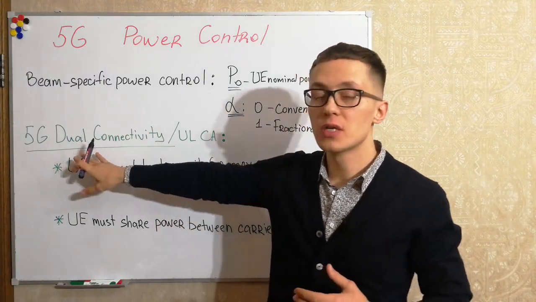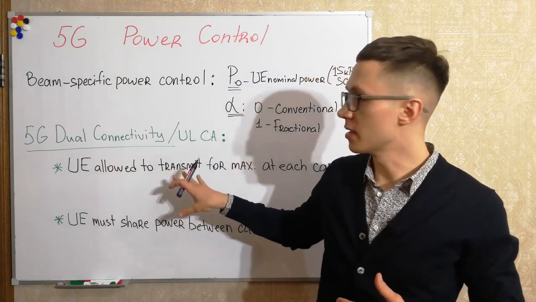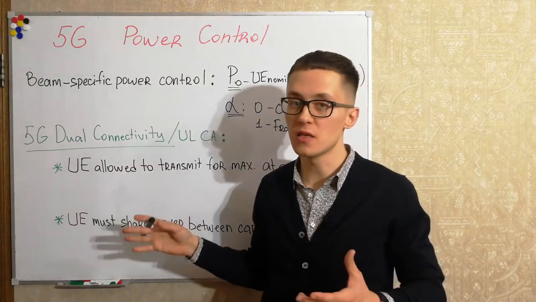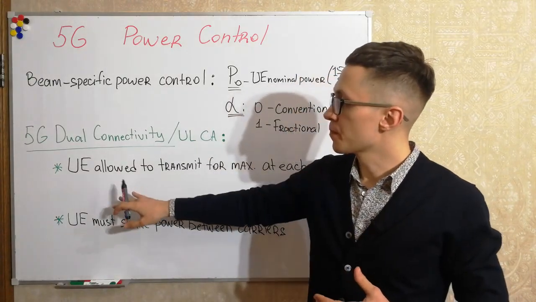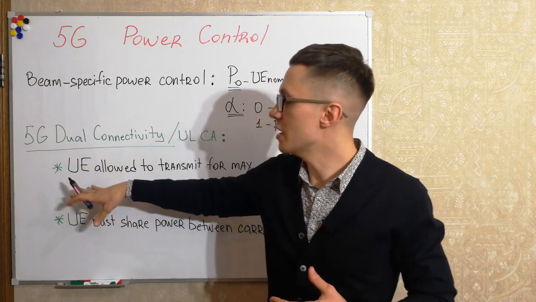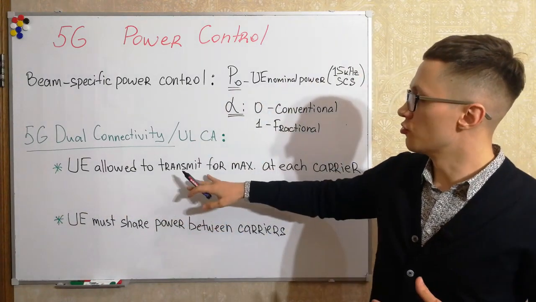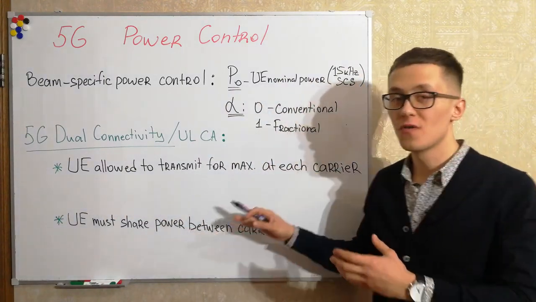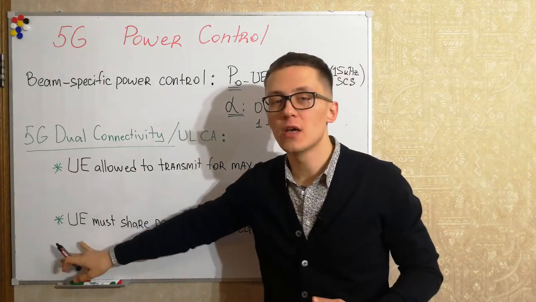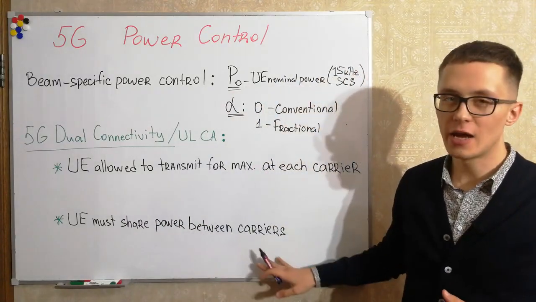Let's talk about some aspects of dual connectivity in uplink and uplink carrier aggregation, which is basically the same. There are two cases for transmitting uplink power. The first case is when the UE is allowed to transmit maximum power for each carrier, and the second case is when user equipment must share power between carriers.